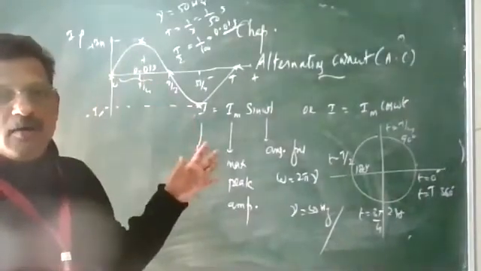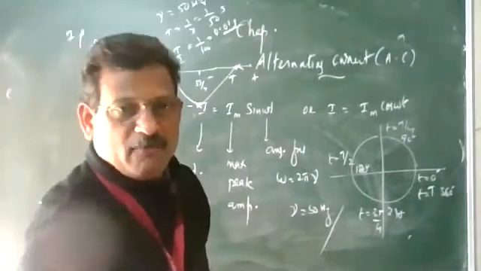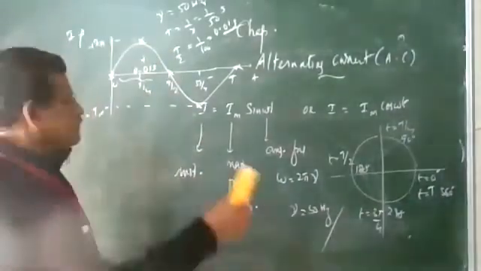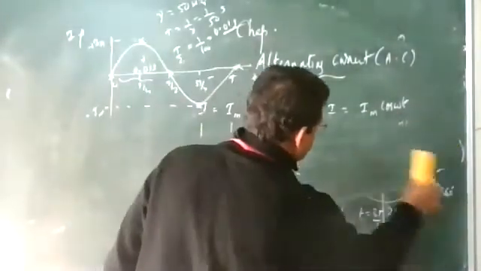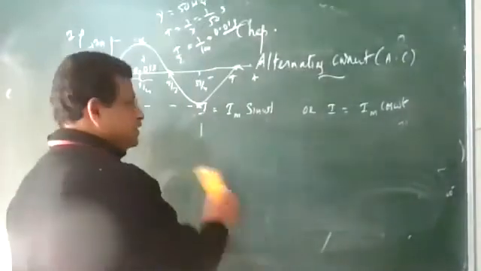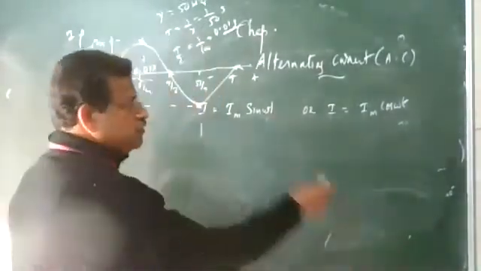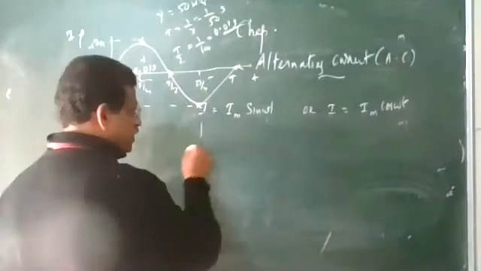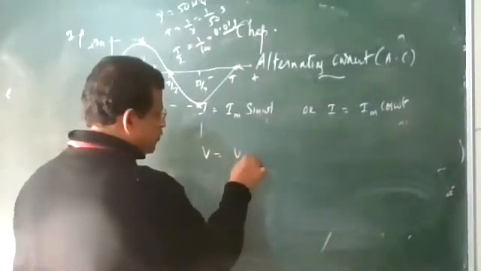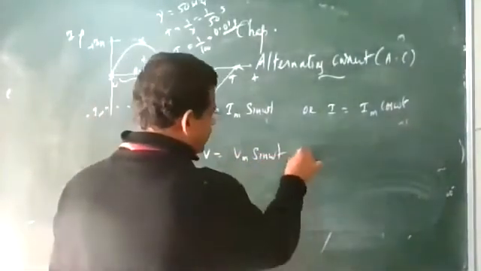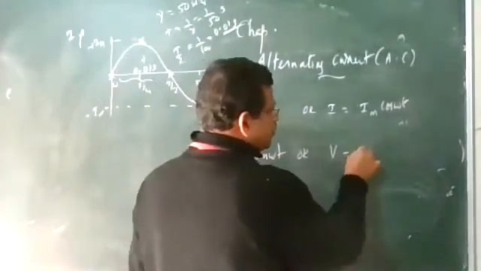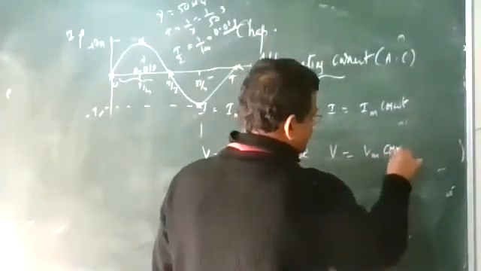Similarly, alternating EMF can also be represented. Alternating EMF can be produced by an AC generator. So we can write the equation for alternating EMF or voltage: V equals Vm sin omega t, or V equals Vm cos omega t.